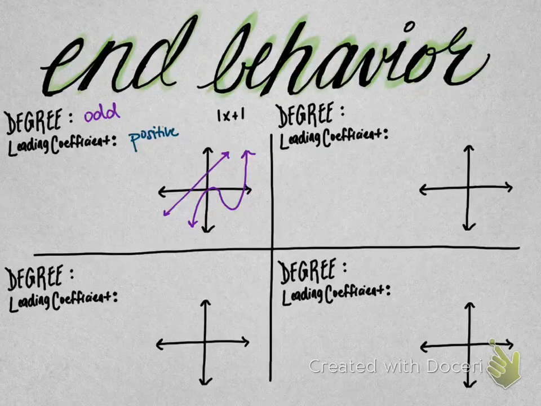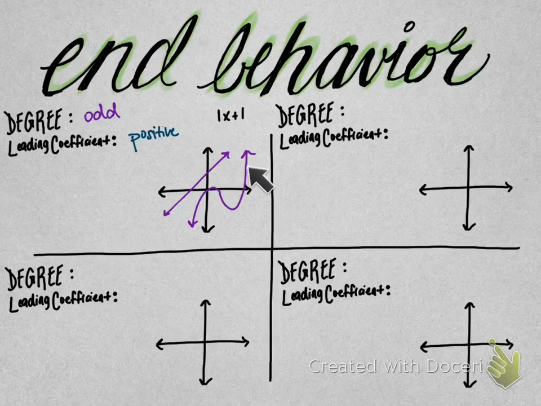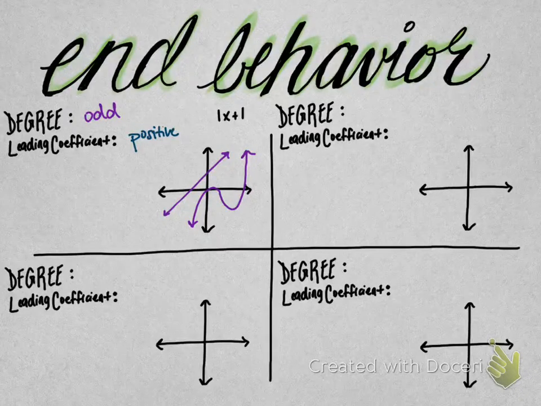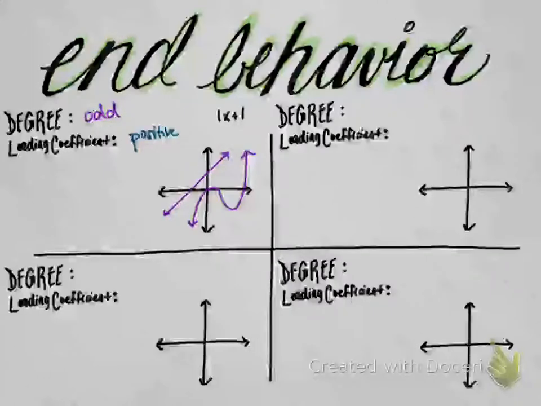So again, this is our end behavior. Even though I can determine this is a degree of 3, what I care about is this end and this end. Since I care about this end, there is a statement that we can write no matter what based on our polynomial having an odd degree and a positive leading coefficient.